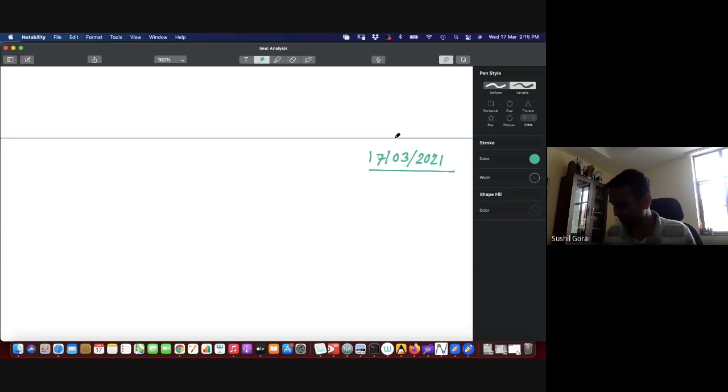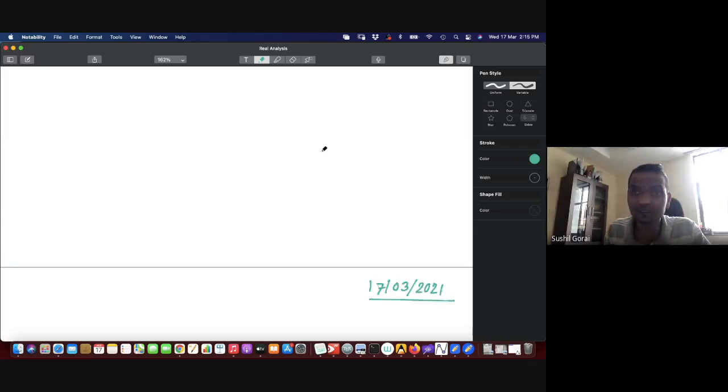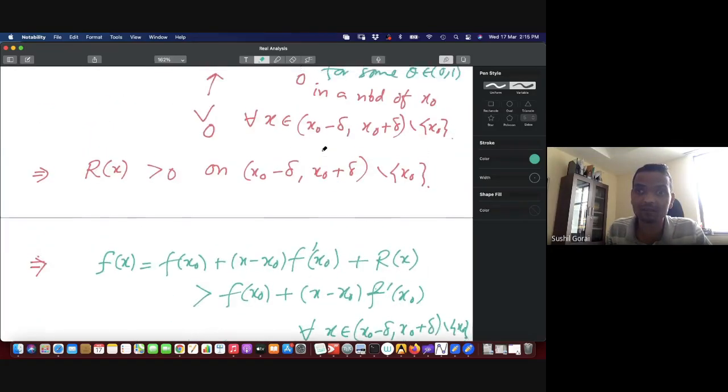Convex downwards, right? And if the second derivative is less than 0, then convex upwards.